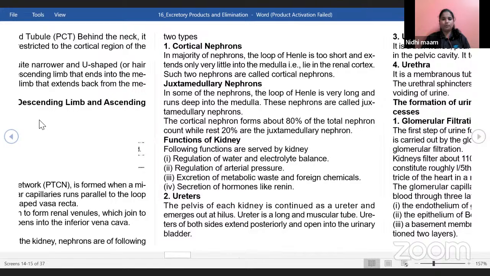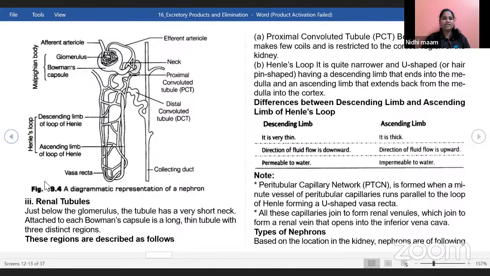Here you can see the nephron. In the nephron, this part is called Henle's loop. This is called the ascending limb, and this is called the descending limb of Henle.